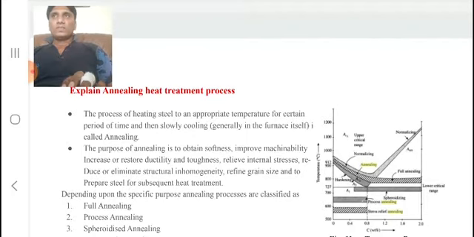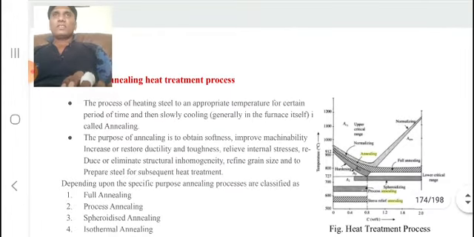And because of these stresses, during the service conditions, there is a chance for the material to fail. So, therefore, these internal stresses have to be eliminated.